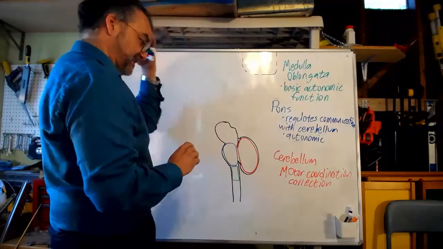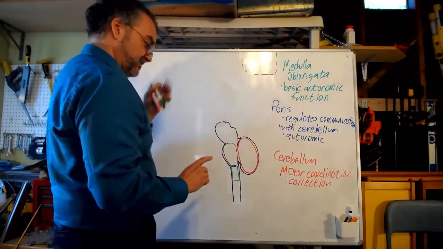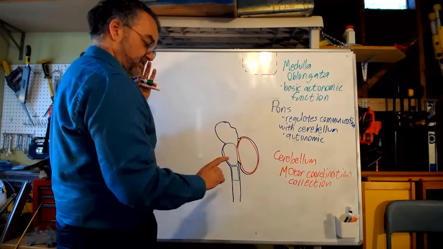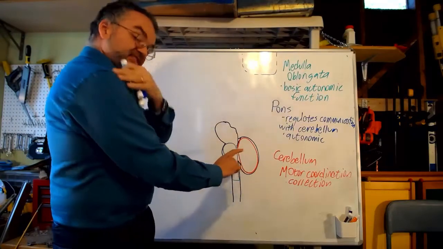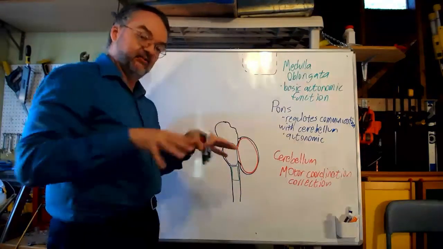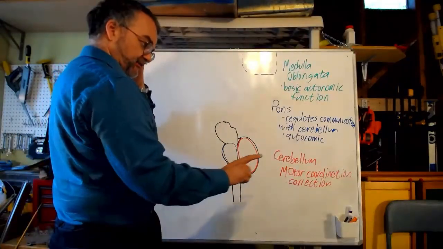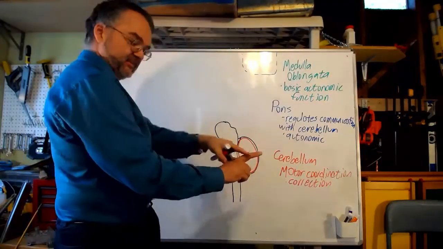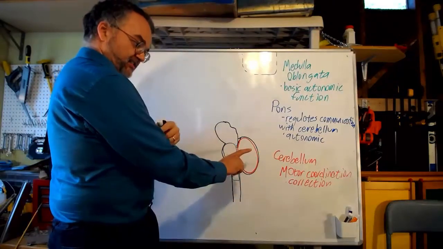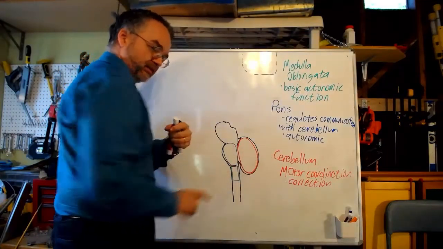So that as I issue the command, the cerebellum says, here's what I want, here's what I'm getting, and then the cerebellum helps to direct any corrections that are needed. So for example, let's say I start reaching up but I'm off a little bit. My cerebellum detects that and corrects the movement to help me get to where I want to go.